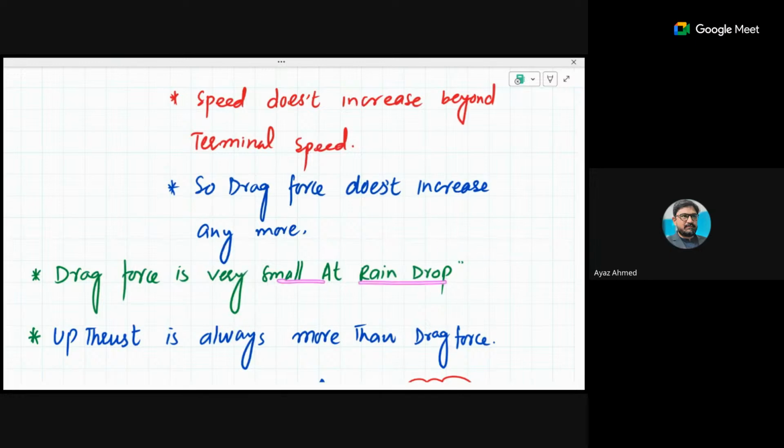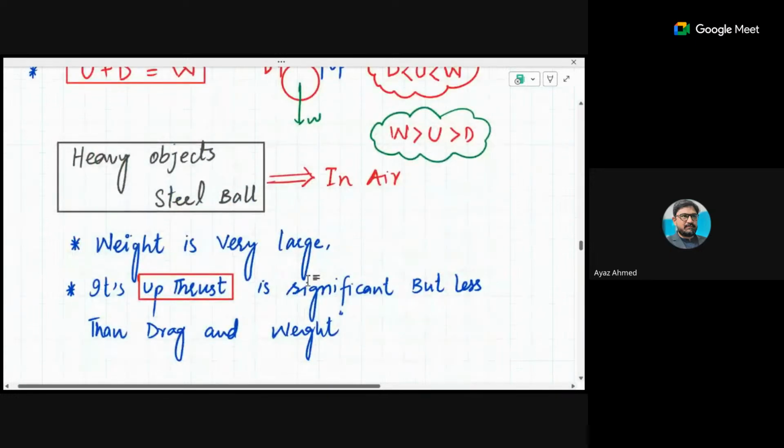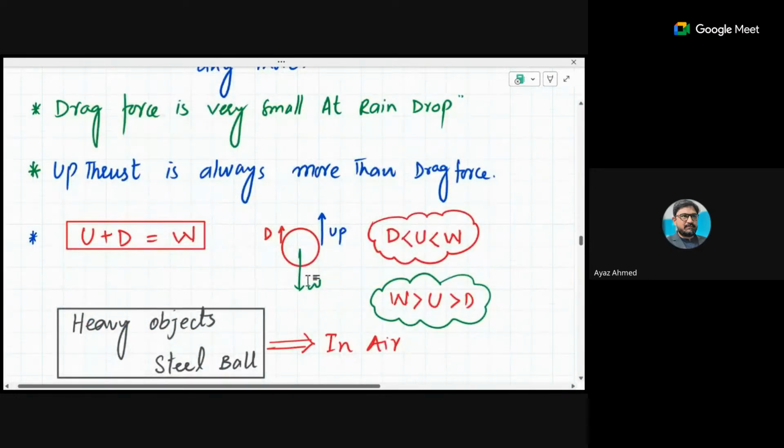This is another MCQ question. It is asked that you have a rain drop and you are supposed to identify the drag force on it. On the rain drop, weight is very small, upthrust is large enough because it gains the terminal speed very early. That is why its drag is very small.